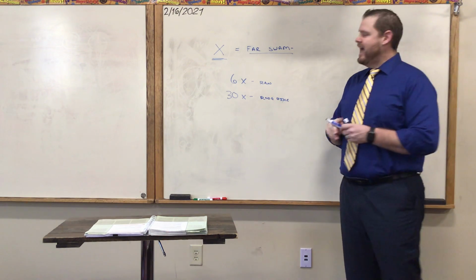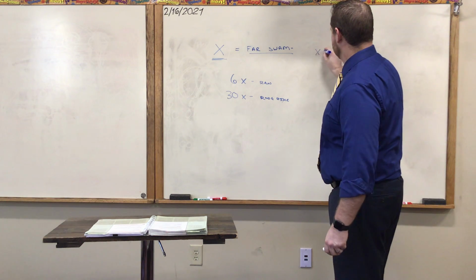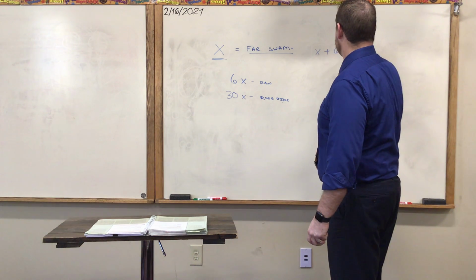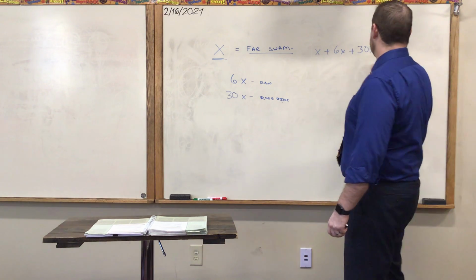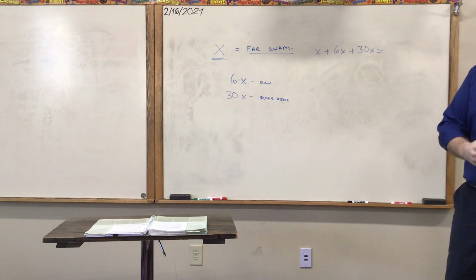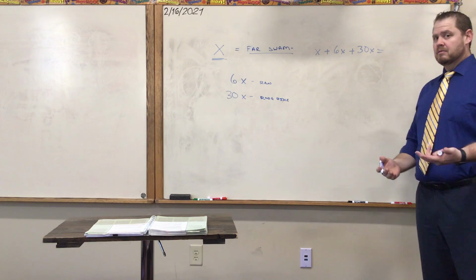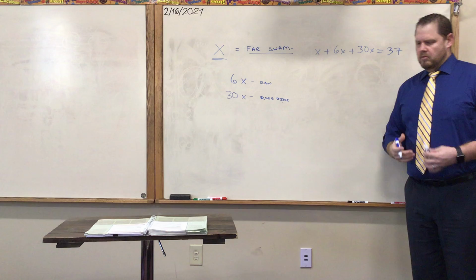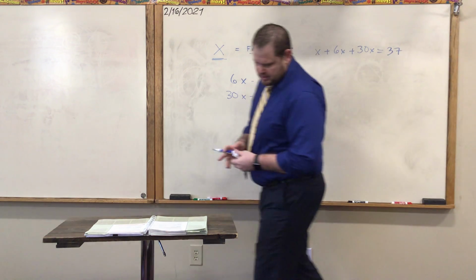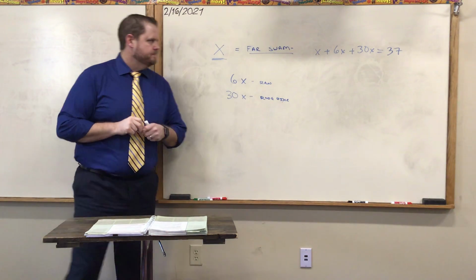Good job, Carter. So it's going to be x plus 6x plus 30x all equals how many miles? Overall, it said 37. Good. So does everybody follow that? Do we see our equation?